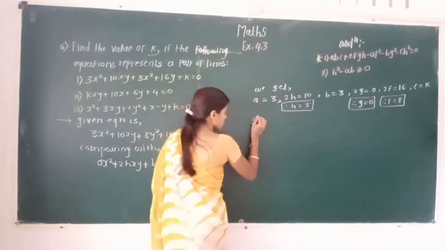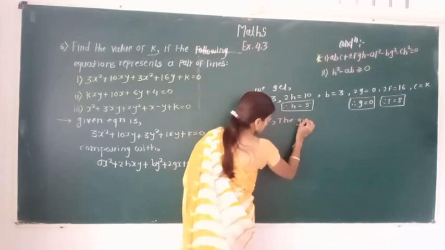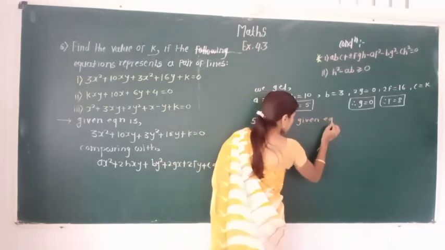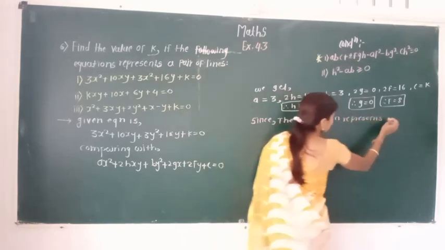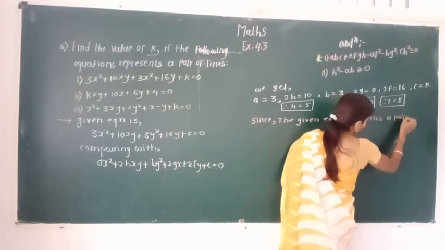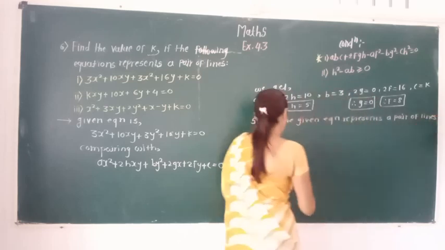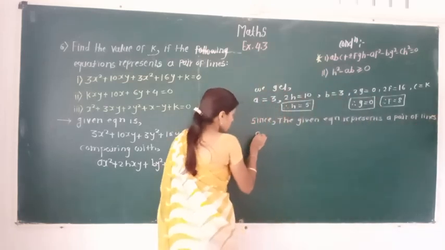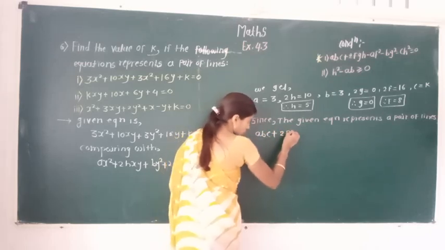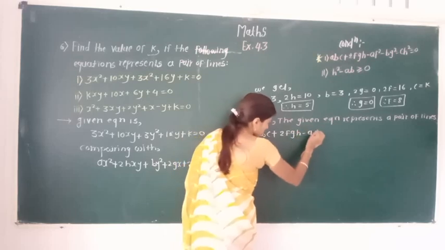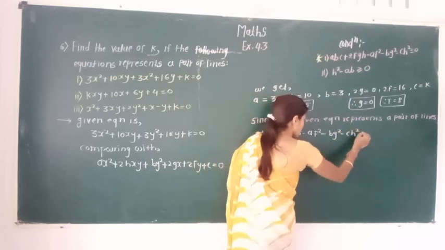Since the given equation represents a pair of lines, we know that the condition is ABC plus 2FGH minus AF square minus BG square minus CH square is equal to 0.